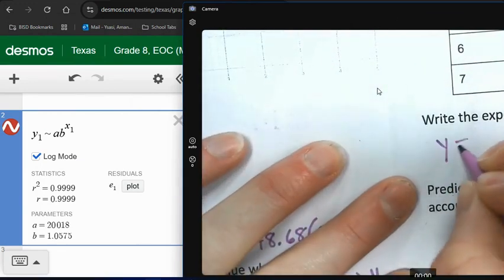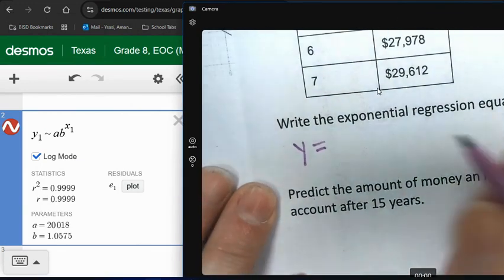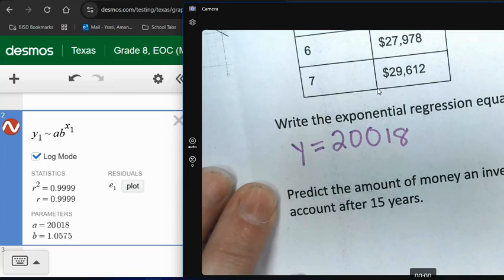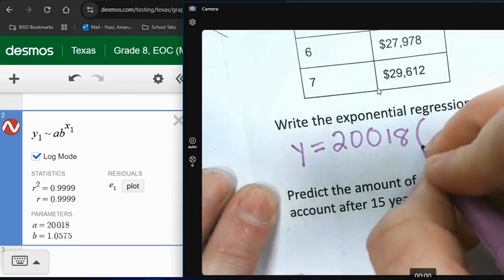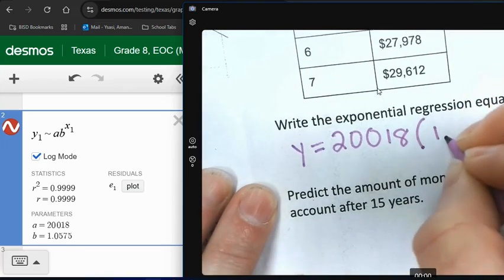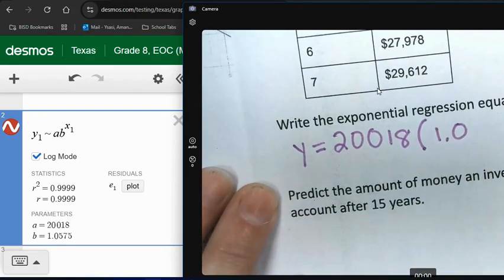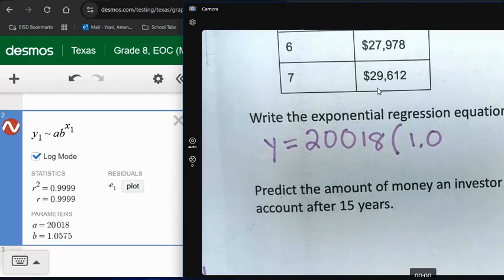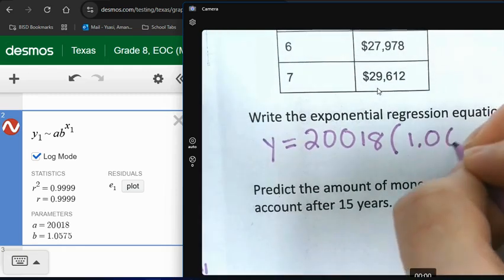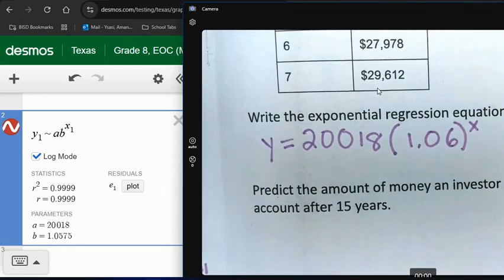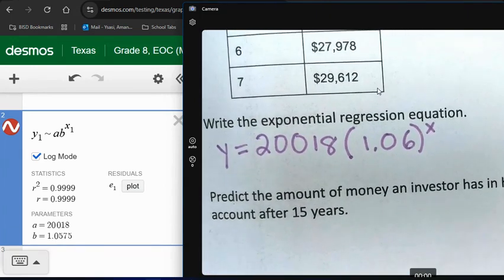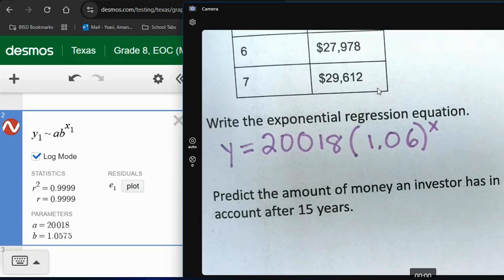So y equals 20,018 times 1.05706 raised to the x. If it doesn't say what to round to, put all the numbers down.